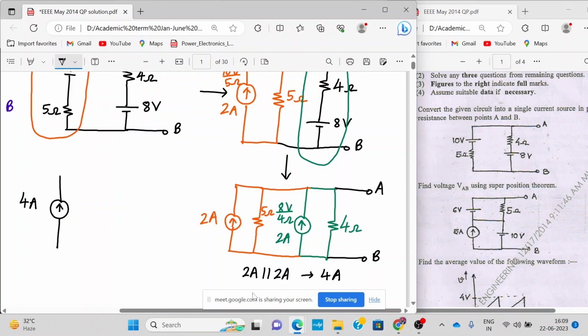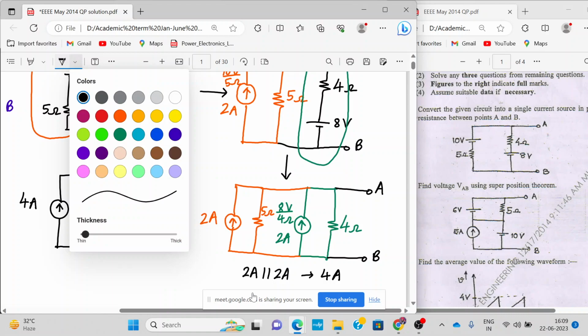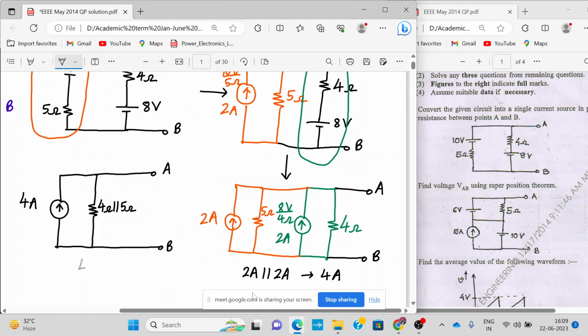Yes, sir. Yeah. So here we write 4 ohm parallel to 5 ohm. Alright. So 4 ohm parallel to 5 ohm, what will be the answer? Quickly tell me. It will be 2.22.